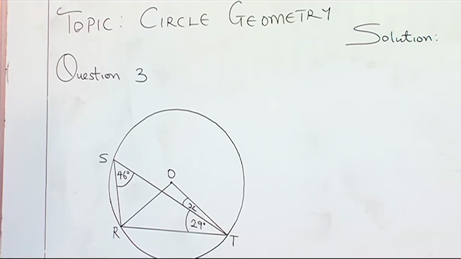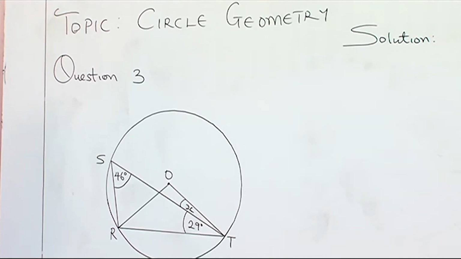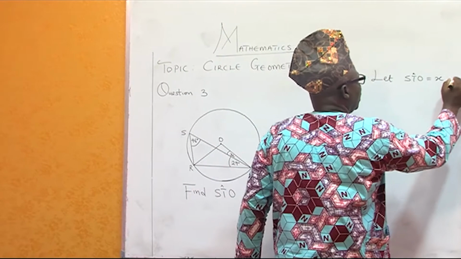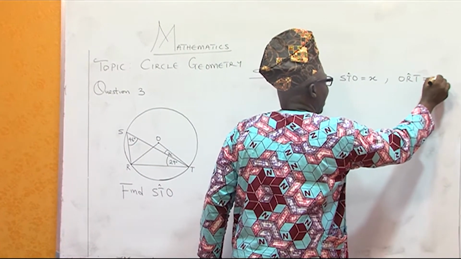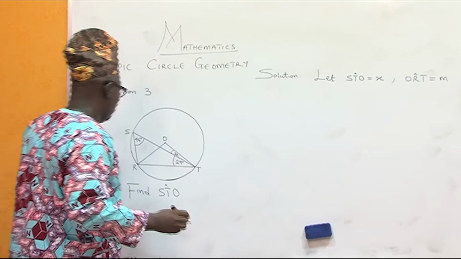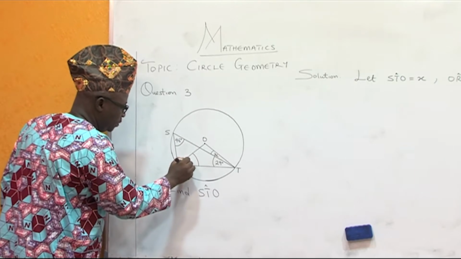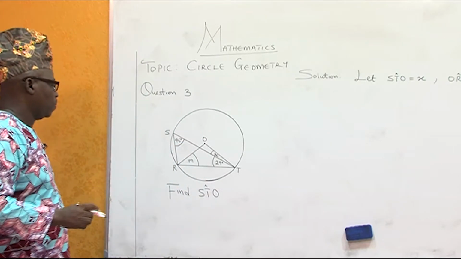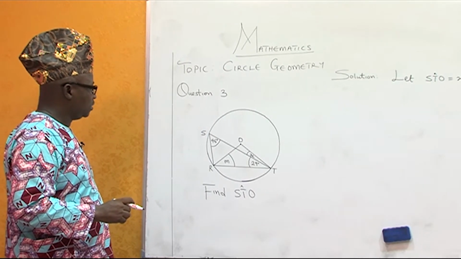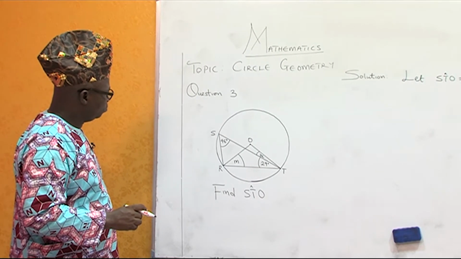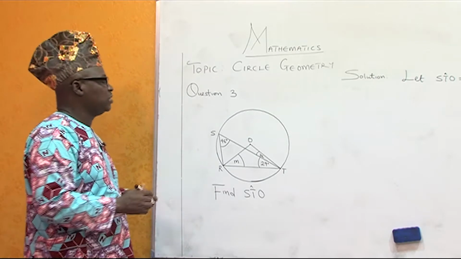Now I can also say, for easy reference, angle ORT, let ORT be M. So this is the angle ORT here. So this is M. So after putting all those in place, we now look at the theorem that can fit into this diagram.